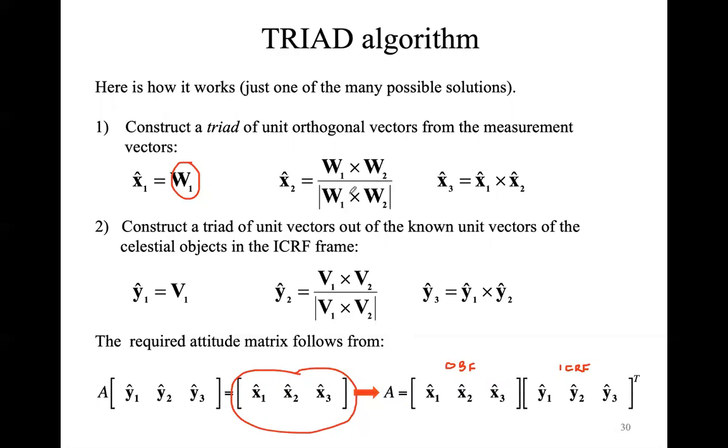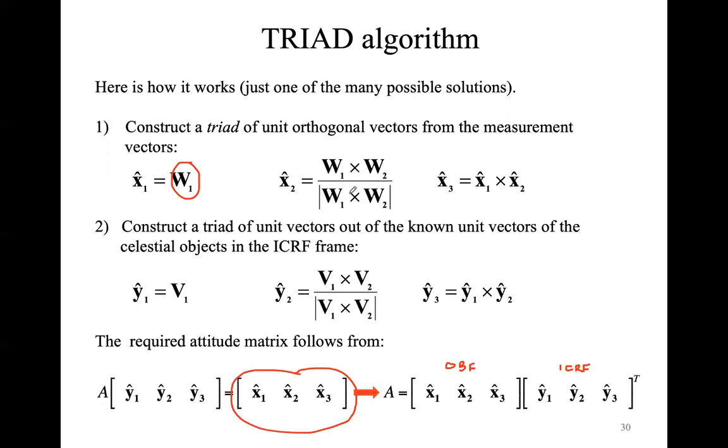Another question about the TRIAD very quickly. What about building a further unit vector from X3 with the cross product X1 cross X3, in order to make X2 prime, let's call it that way, orthogonal with respect to X1? So you mean that you take X1 equal to W1? Yes.